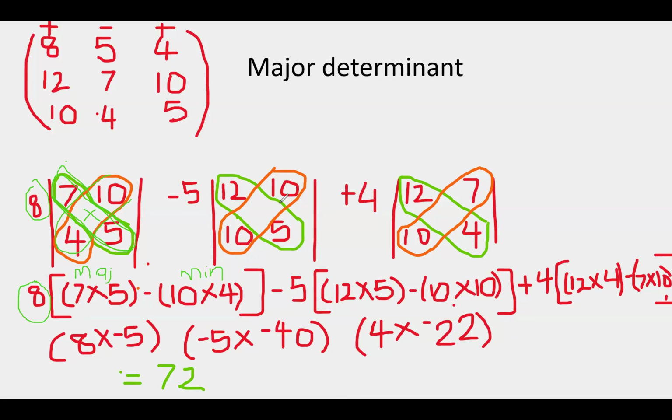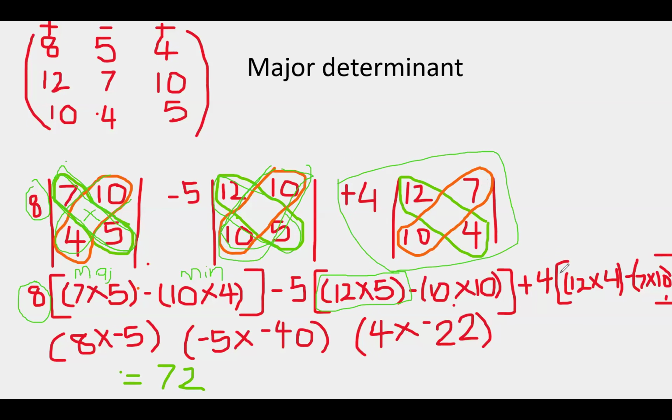Like you have seen here, this is the major that multiplies and then subtracts the minor. So 12 multiplies with 5, and we put that in brackets, minus the 10, which is now the minor diagonal, which we put in brackets as well. Same thing for this particular matrix, whereby we have 12 times the 4 and 7 times 10, which we subtract.